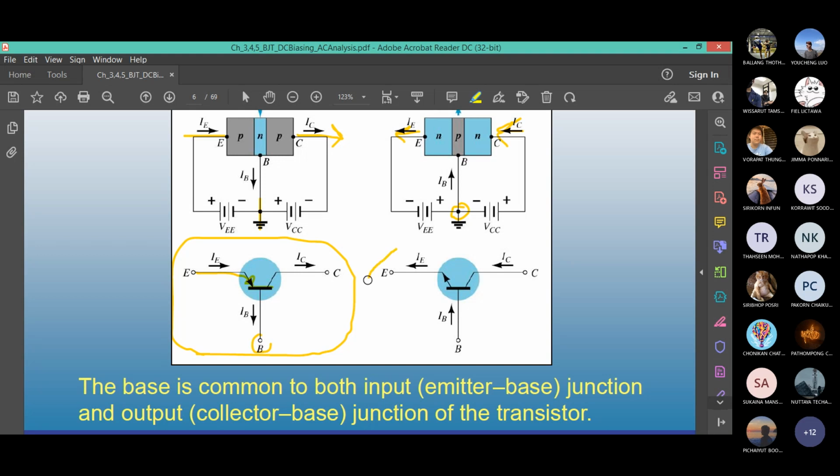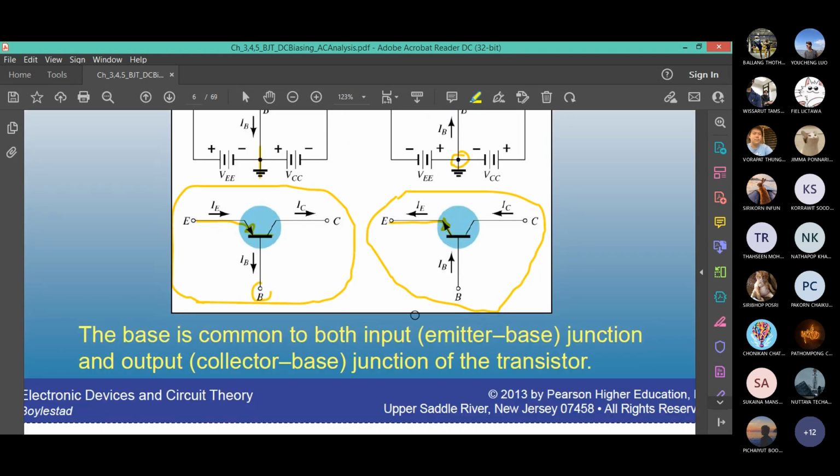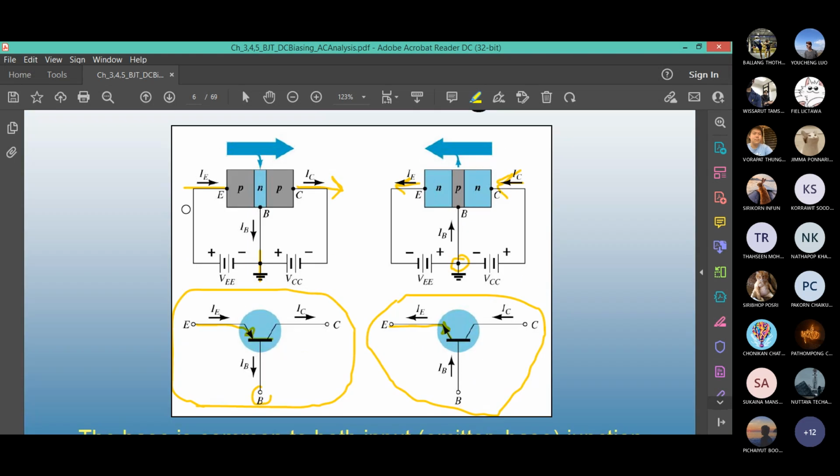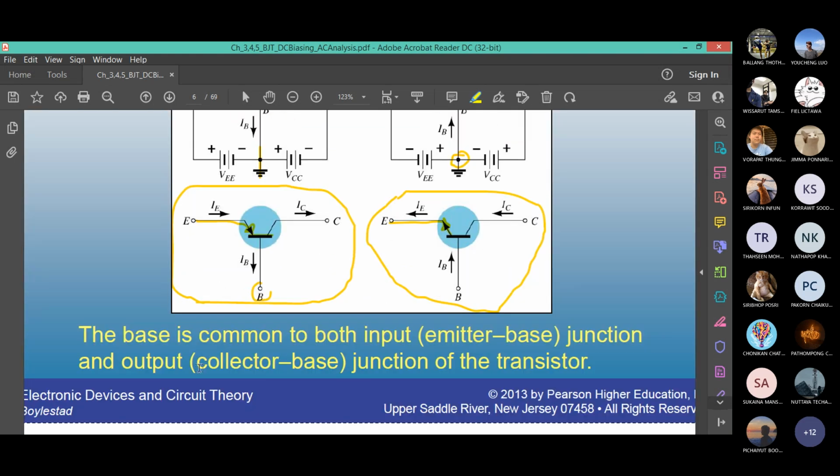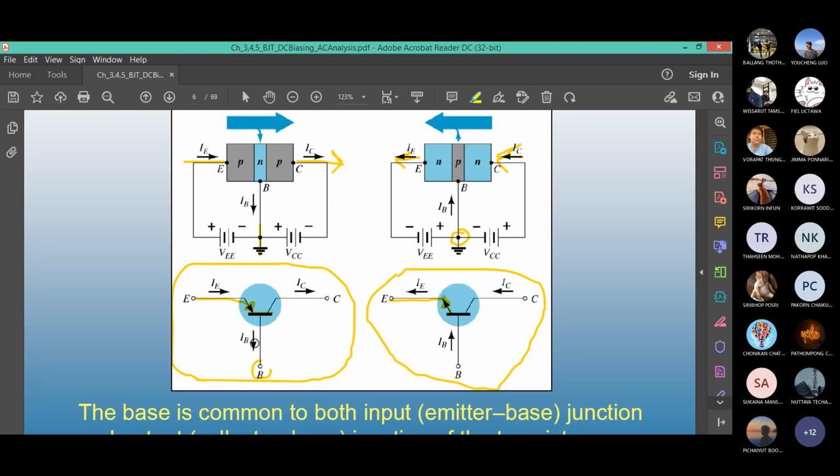If you take the NPN, bottom right, sorry, the base terminal is here, the emitter is an outgoing arrow, and the collector is a terminal without any arrow. So here the base is common to both. The emitter-base junction is the input now, and the output is the collector-base junction.